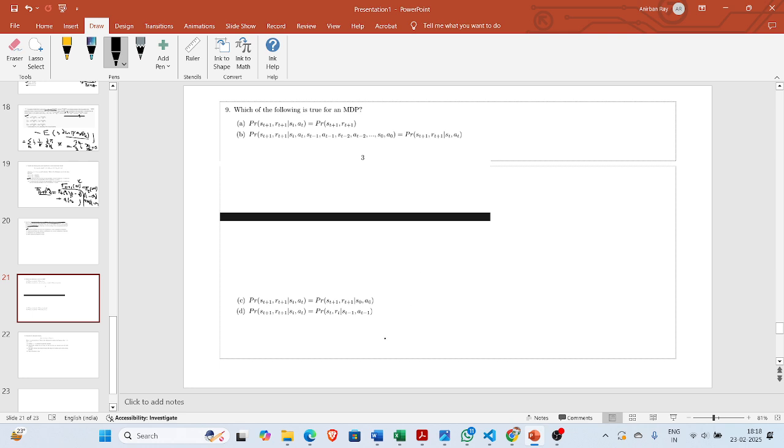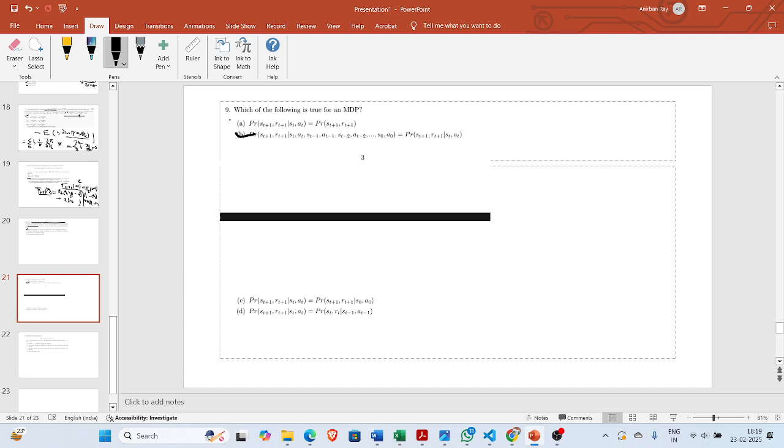Now, what is true for an MDP? The Markovian property has to be fulfilled. So this is the one, which fulfills the Markovian property. Other than that, none of them have the Markovian property.